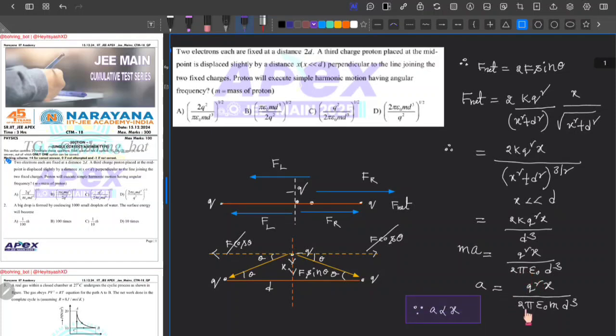Therefore now you can equate q square by 2 pi epsilon naught m d cube to omega square. So omega is equal to under root of q square by 2 pi epsilon naught m d cube. That was the answer for the first question, which is based upon the SHM, right?